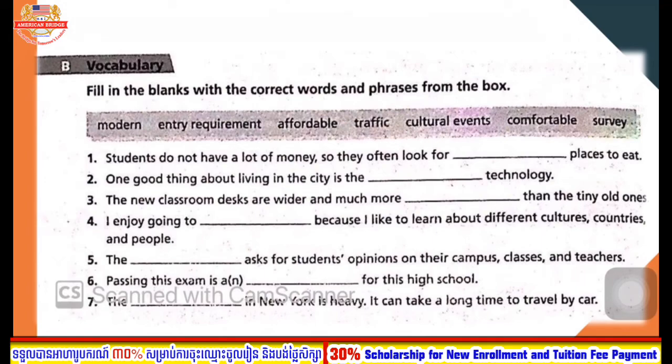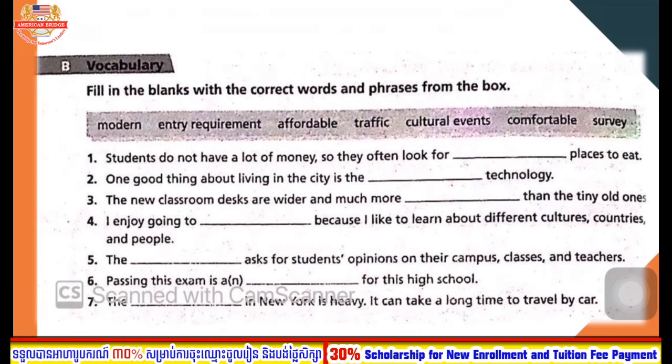Number 5, the blank asks for the students' opinions on their campus, classes, and teachers. So we talk about the teachers and talk about the school. Alright, it should be the school. Okay, so survey. Talk about the survey. Number 6, passing this exam is blank for this high school.